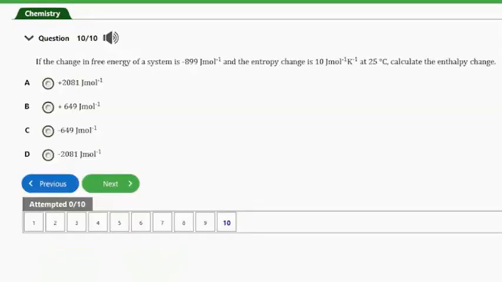So that's it. Let's consider the next and the last question here, guys. That's question number 10. It says, if the change in free energy of a system is negative 899 joule per mole and the entropy change is 10 joule per mole per Kelvin at 25 degrees Celsius, calculate the enthalpy change.